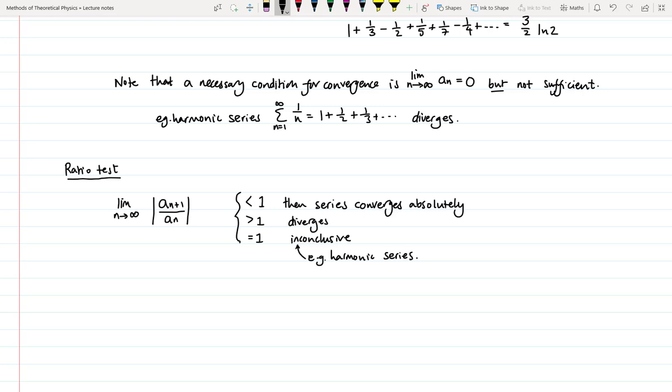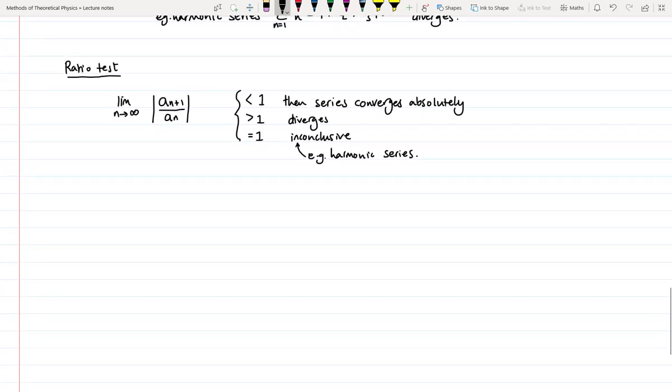I'm not going to go through the proof now, but you can look it up in Riley, Hobson and Bence or Arfken, which are both in the resource list on Blackboard. I'll quickly note that this is convenient because it can be applied to the series directly. And you'll get some practice of this in the problem sheet.